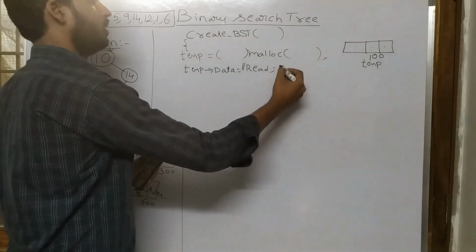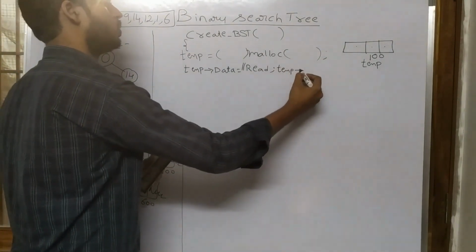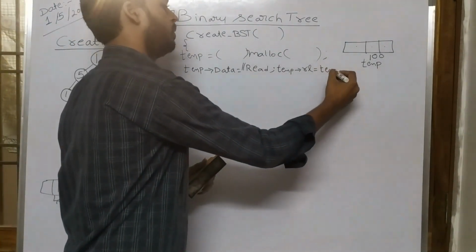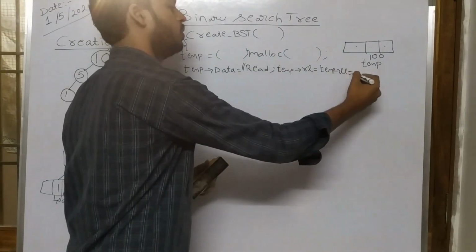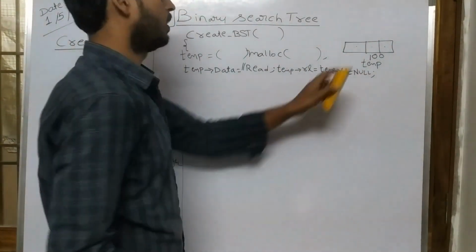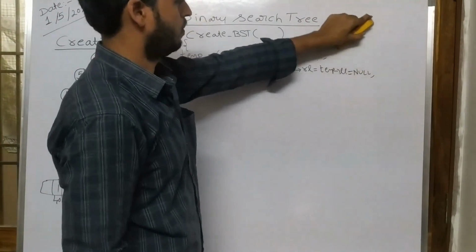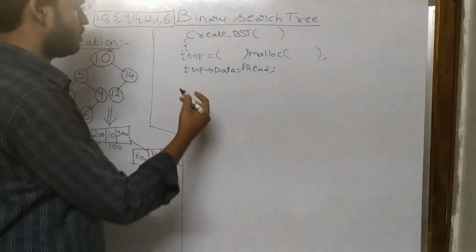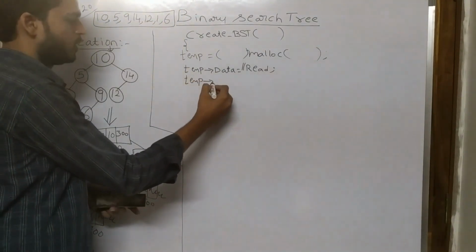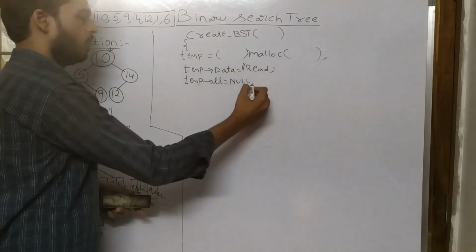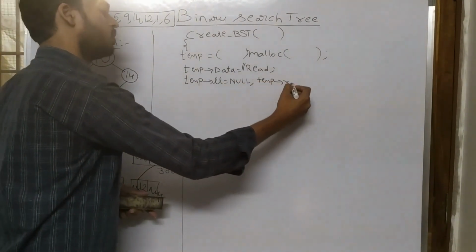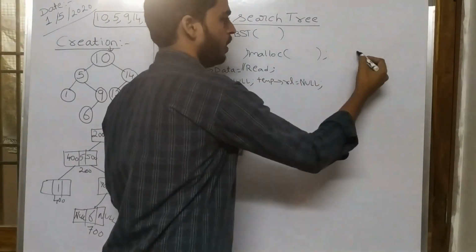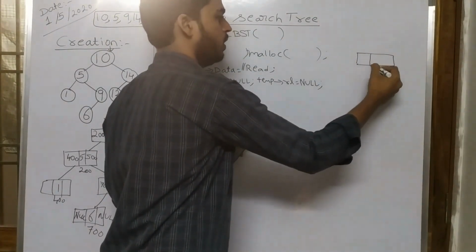In the same line I am writing temp->right link, RL, and temp->left link equal to, I am simply defining them as null. So temp->left link equals null, and temp->right link equals null, meaning that up to here I have created a node.